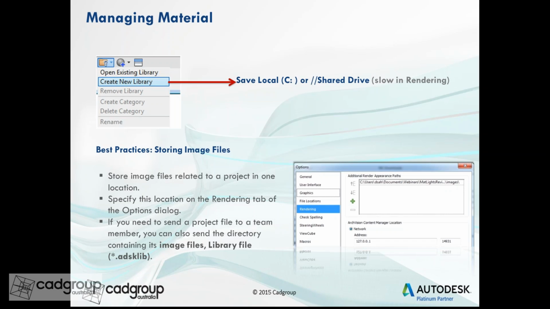If we move that folder to another computer, you just need to add it as a path where Revit will look for extra or custom image files.